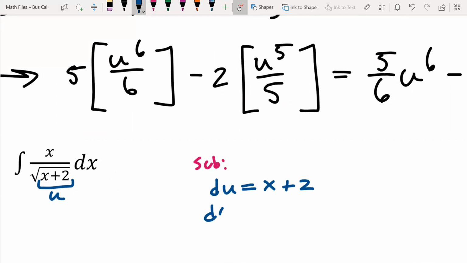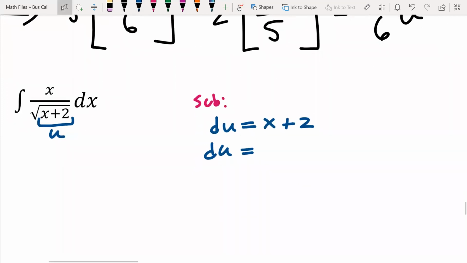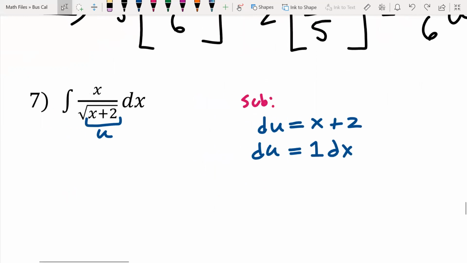And I'm just going to rewrite this as du equals 1 dx. So I just skipped a step there. Normally it'd be du over dx equals 1, but I'm multiplying that dx to the right side already. So that finishes that.